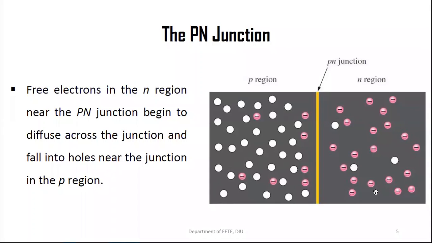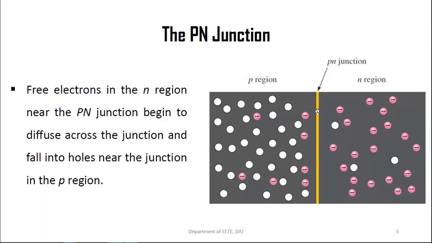So when we join them together, they become a PN junction. And a very interesting thing happens when we join them. One side has a huge amount of holes, the other has a huge amount of electrons. In this junction region, the holes and electrons combine.